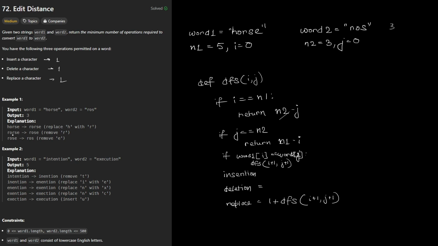What I can do is 1 plus dfs, and because I'm removing an r, it would be i plus 1 and j.